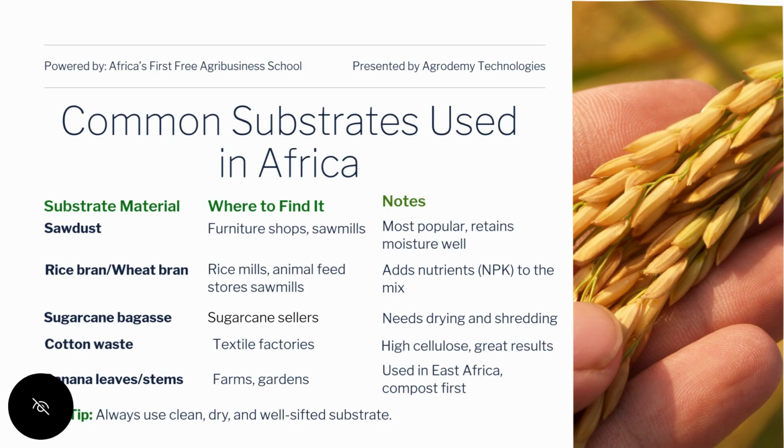And then we use cotton waste. You can find this in the textile industry. This is very high in cellulose and it gives you great results. Lastly, you use banana leaves and stem. You can find this in farms and gardens, especially in East Africa, because of compost.